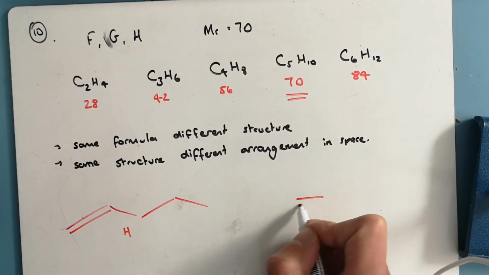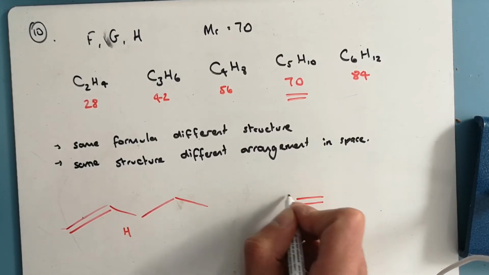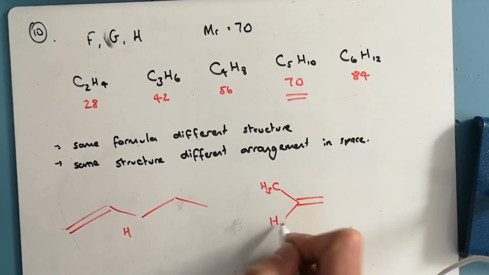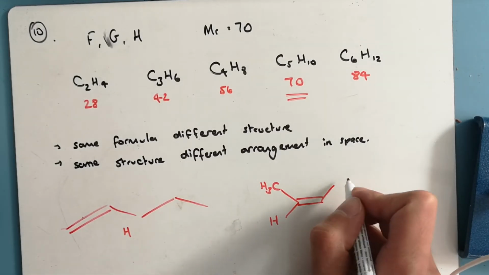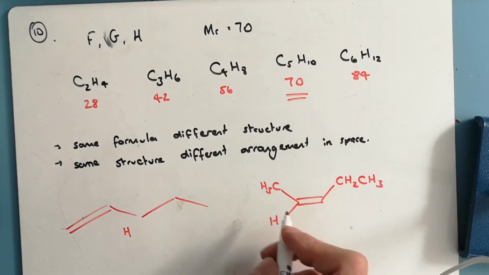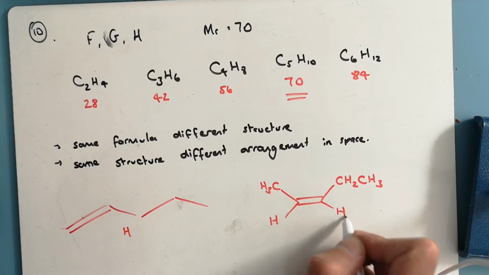So I'm just going to put the double bond in the middle and then have H3C here, H there, and I'm going to put the H's on the same side here.